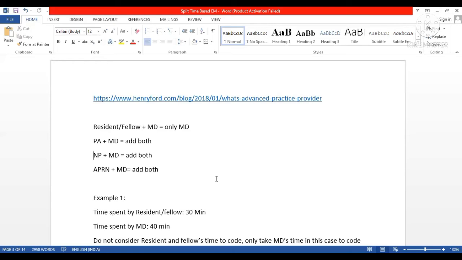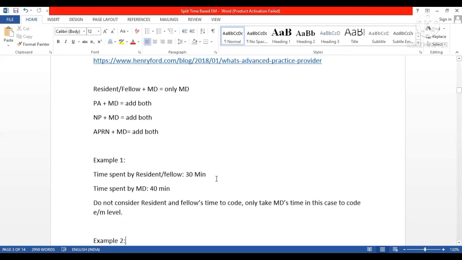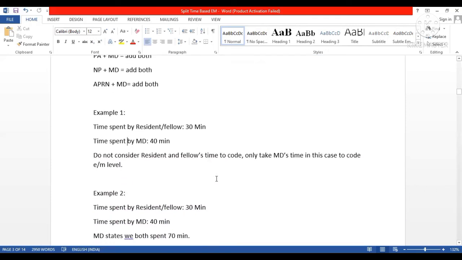If an NP has given the time and the MD has also given the time, we will add both, the NP time along with the MD time, and then code the E/M level. If the APRN and the MD have each individually mentioned whatever time they devoted during the visit, then we will add both the APRN time and the MD time and code the E/M level accordingly.